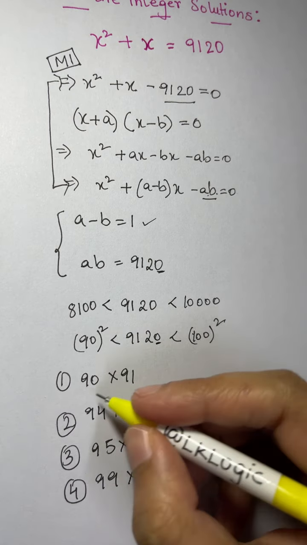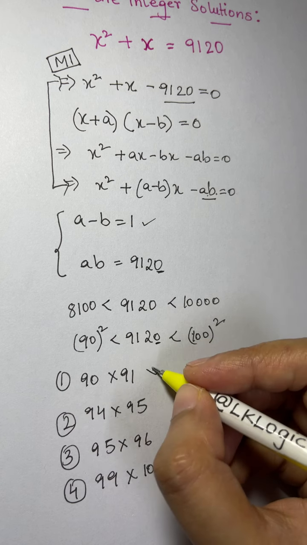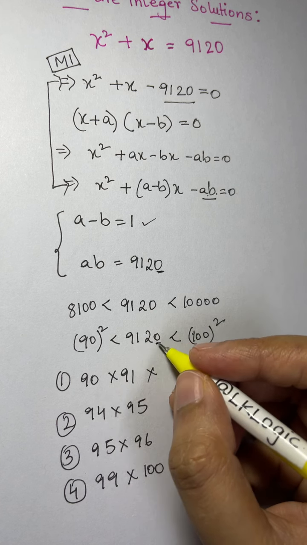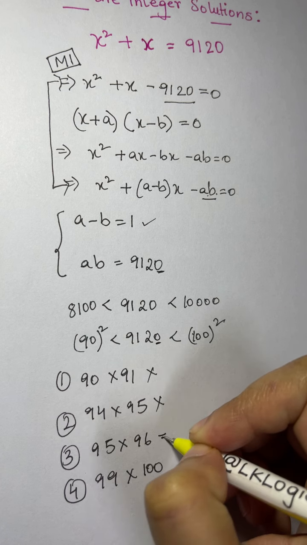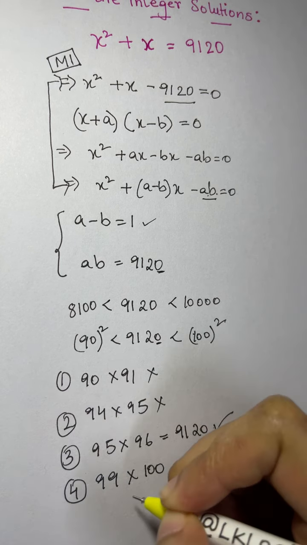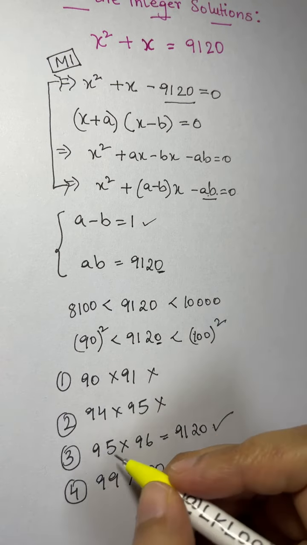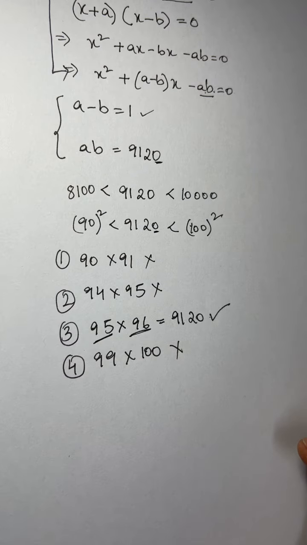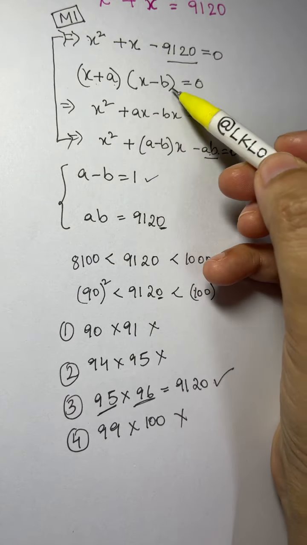But 90 times 91 is smaller than 9120, so strike it off. 94 times 95 is also smaller than 9120, so strike it off. 95 times 96, if we calculate, gives 9120, so yes. And of course 99 times 100 is not. So we have got two factors, 95 and 96. Let's solve for that. We have two factors, x plus a and x minus b.